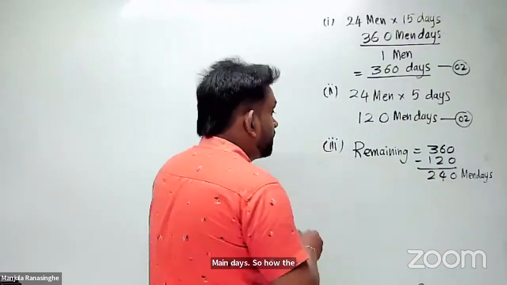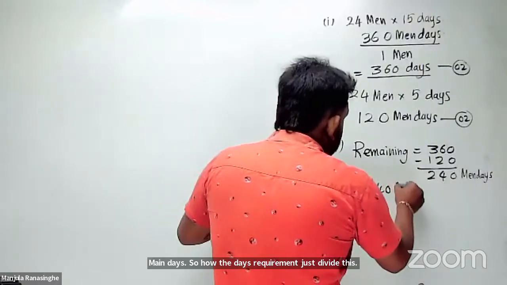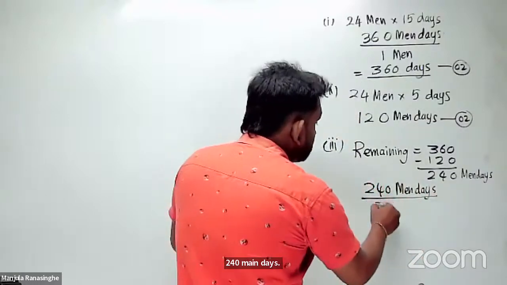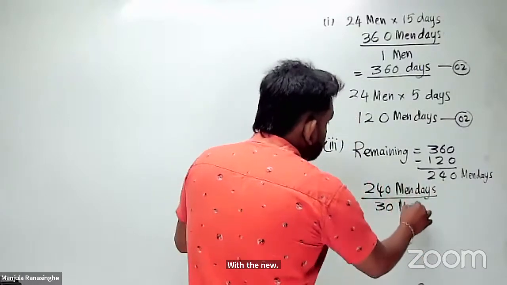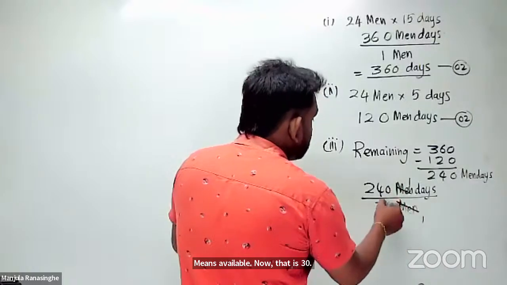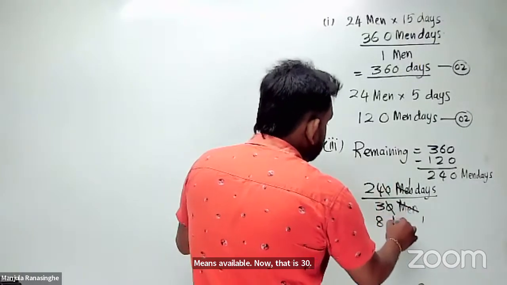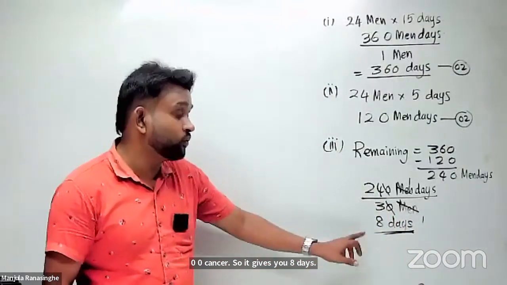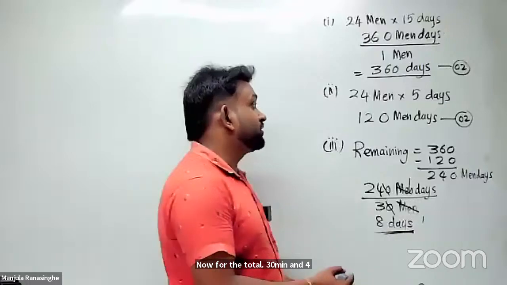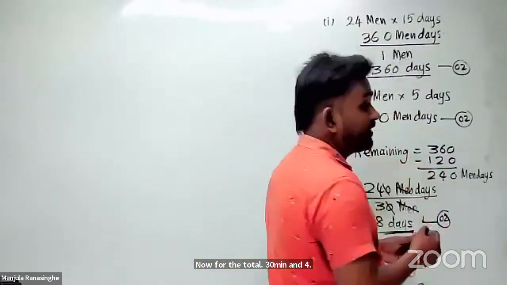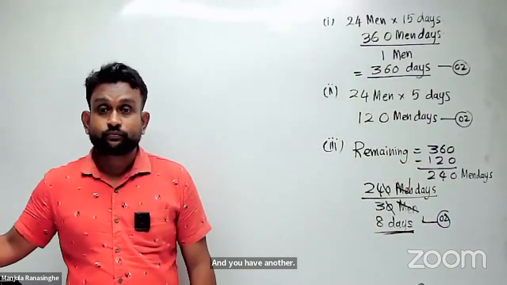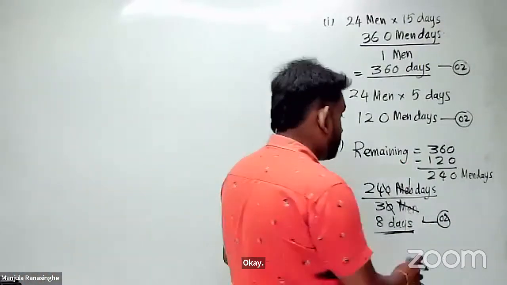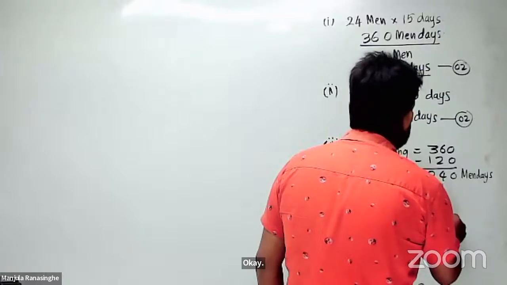Just divide this 240 man-days with the new men available now, that is 30 men. Now man cancelled, zero cancelled, so it gives you 8 days. Now the total 30 men are sufficient for 8 days. Okay, then you have another 2 marks there. For that one you have another 3 marks.